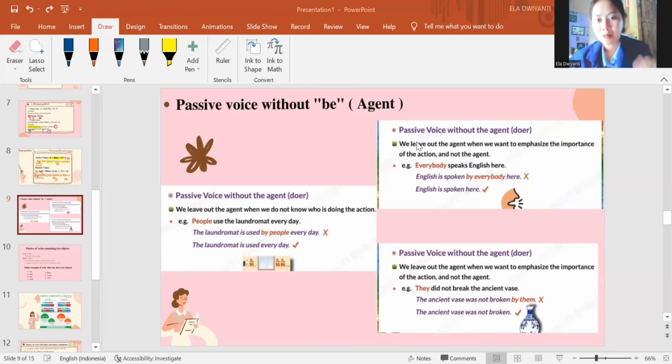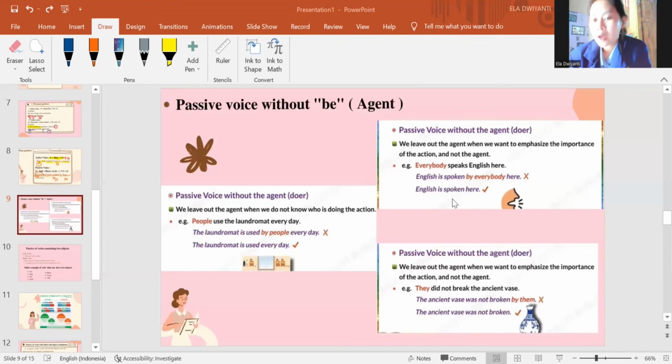The second is when we leave out the agent because we want to emphasize the importance of the action and not the agent. In this case, the action is more important than who does the action. For example, "Everybody speaks English here." "English is spoken by everybody here" is wrong.